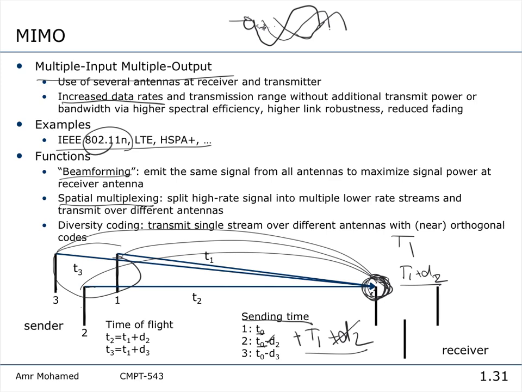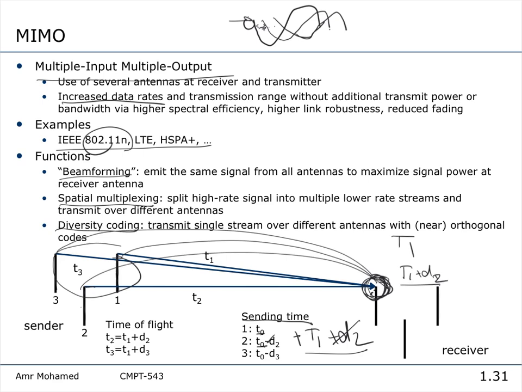So this is phase processing. Sometimes this phase processing is complicated on the transmitter side. The implementation in terms of hardware is a bit complicated. So another way of doing the same objective, but without this complicated pre-processing of the phase, is what we call diversity coding.